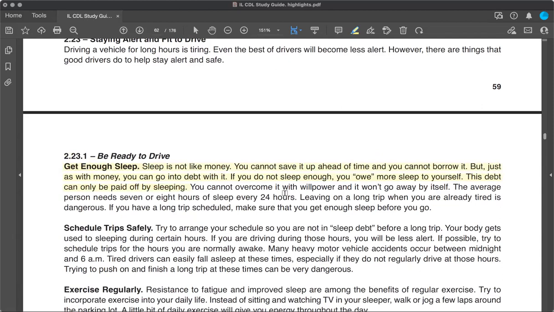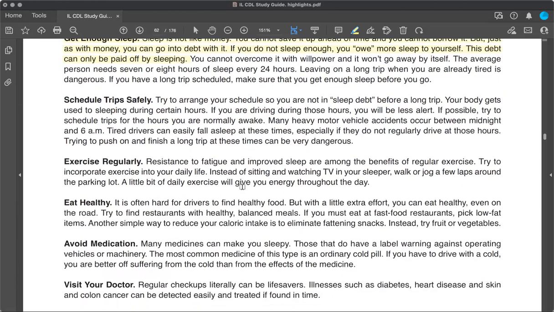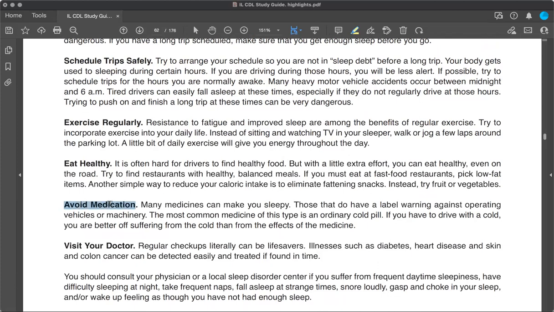And so again, if you have not gotten enough sleep to the point where you feel it is unsafe to drive, we'd rather you call in and we'll cover that route, and make sure no one's put in jeopardy. Then if we go down to the section that says avoid medication, here's just a reminder that many medications make you sleepy.